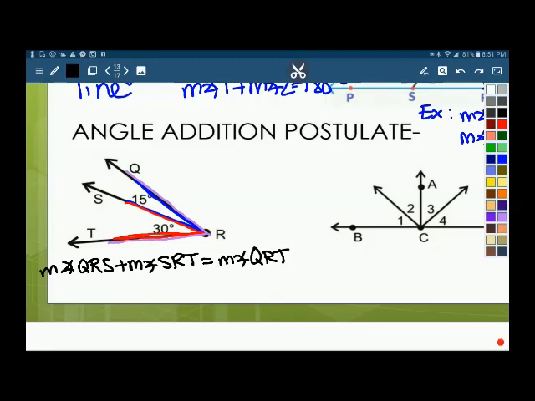So I can tell here that angle QRS is 15 degrees and that angle SRT is 30 degrees. So I can say that angle QRS, which is 15 degrees, plus angle SRT, which is 30 degrees, equals the measure of angle QRT. So the measure of angle QRT must equal 45, because 30 plus 15 is 45.